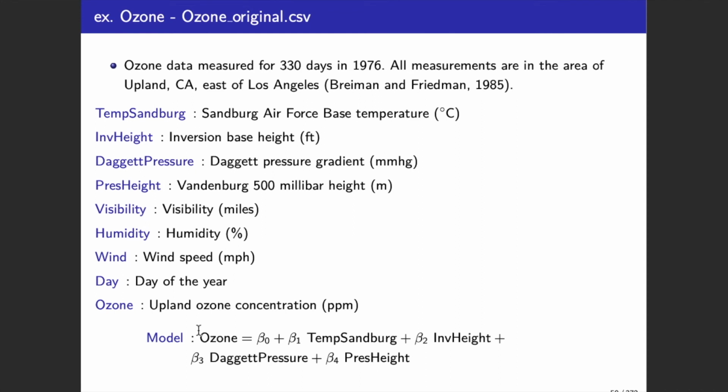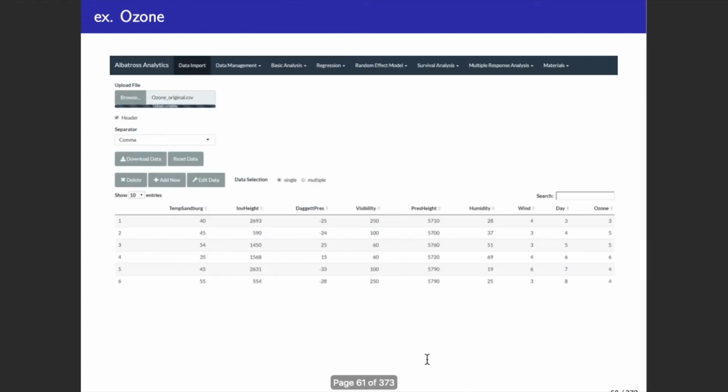And we can read our model as follows. Ozone equals beta 0, our constant, plus beta 1 temperature Sandburg, plus beta 2 inversion base height, plus beta 3 Daggett pressure, and plus beta 4 pressure height. To create the model using Albatross, click Data Import and browse the original ozone dataset, and it will appear like this.